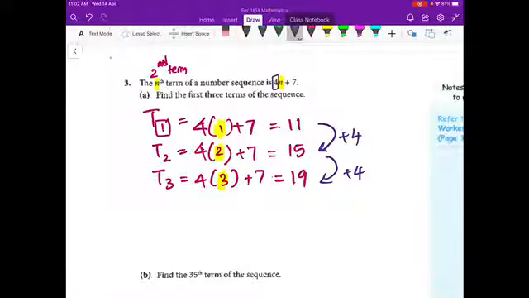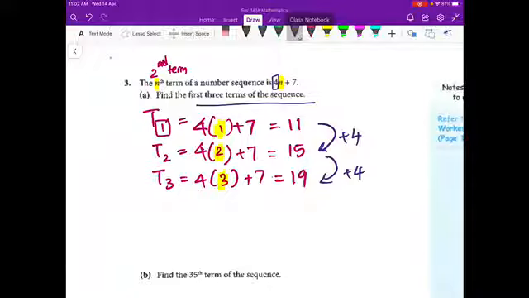This is the difference. This is what we are adding. If it says 4n, it means that I'm always adding 4. Now that we understand what the formula means, the question says find the first three terms. We have done that already. So these are the first three terms.